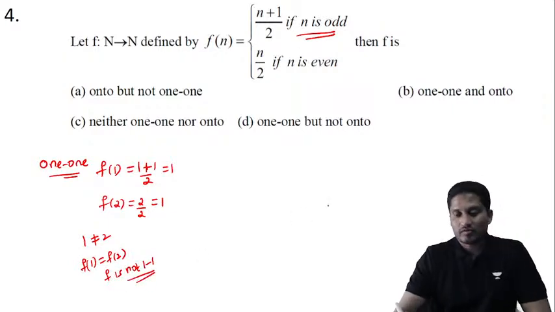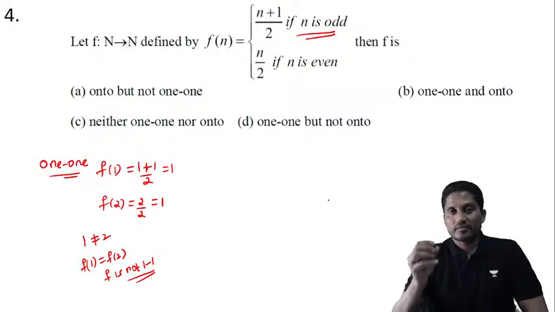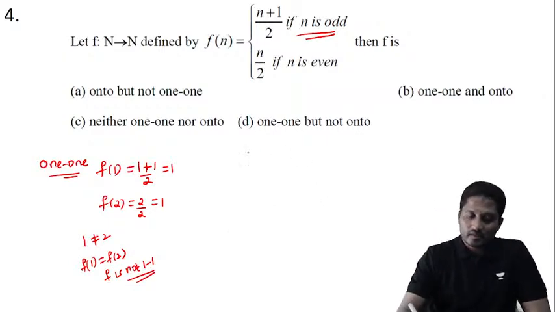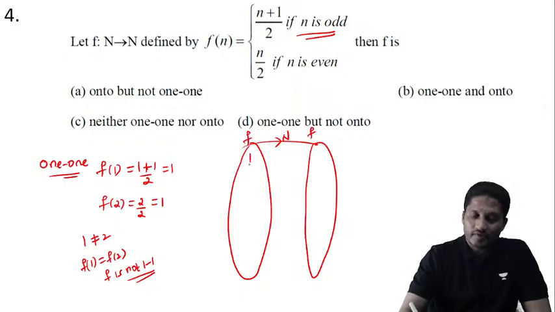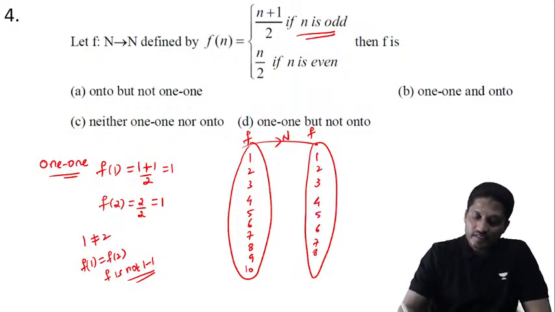Okay, but it is on to. If the input is a natural number, output will be a natural number. Right, so if you take any natural number as input, output will be a natural number. Suppose I take 1, 2, 3, 4, 5, 6, 7, 8, 9, 10 like this, here also 1, 2, 3, 4, 5, 6, 7, 8, 9, 10 and so on.